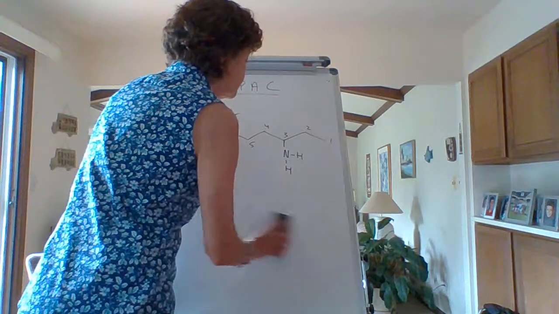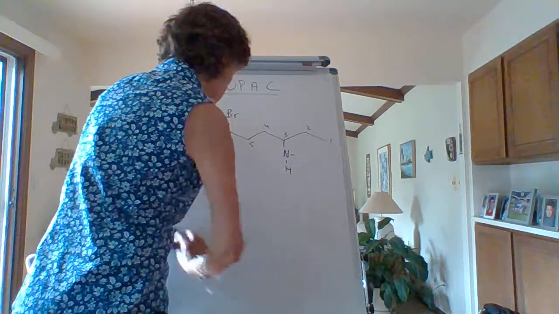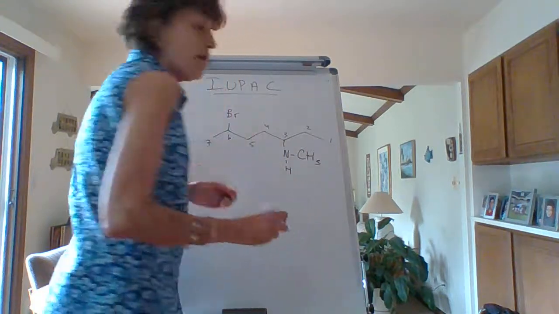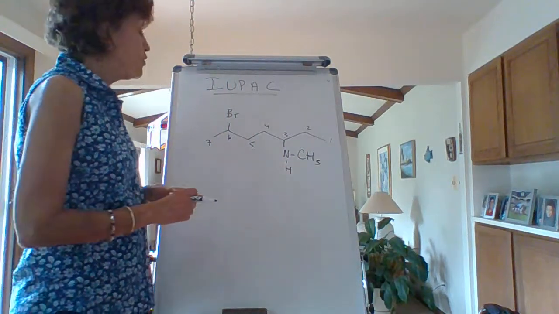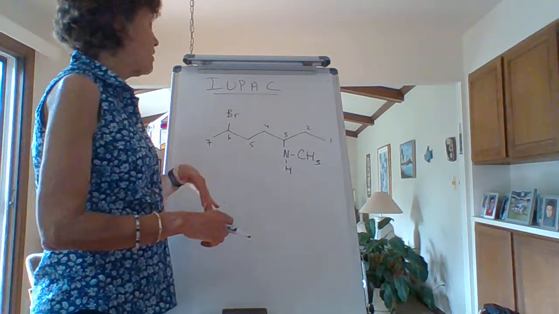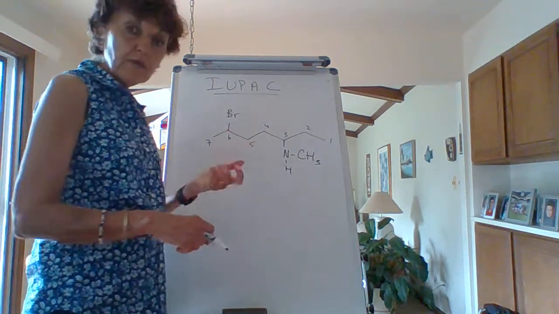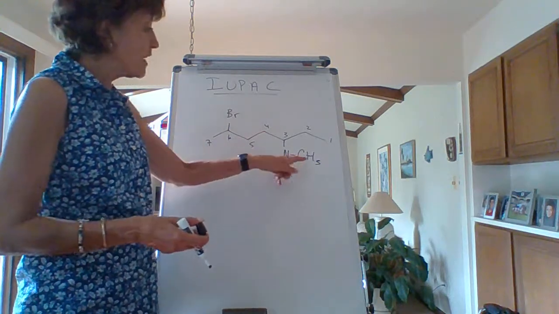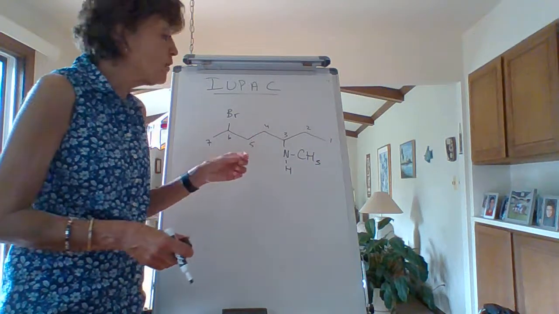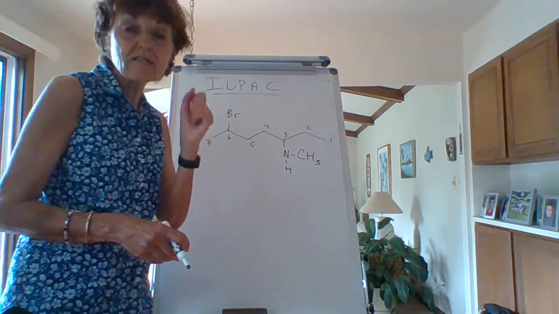Okay? Now, let's make it a bit more complicated. What if you had a secondary amine? You have a methyl group over here. So you need to tell me that it's a heptanamine, that you have the amine group on carbon 3 of the parent, but you have to tell me that you have a methyl group. And where is that methyl group? You are now going to use the letter N instead of a number.